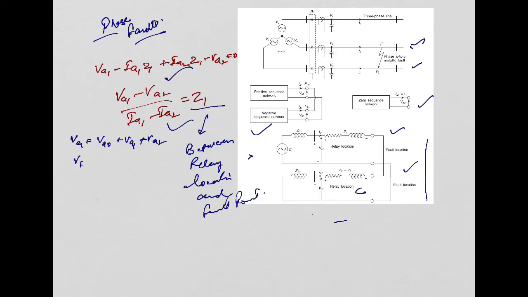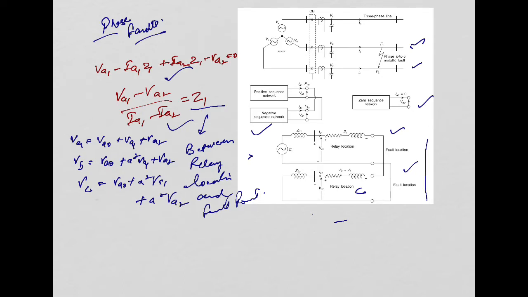Then VB equals VA0 plus A square VA1 plus A VA2. Then VC equals VA0 plus A VA1 plus A square VA2.